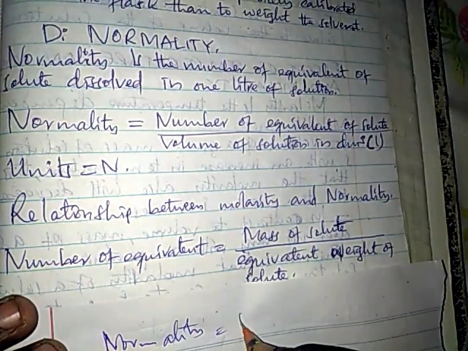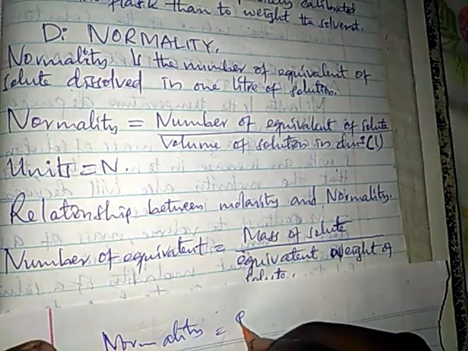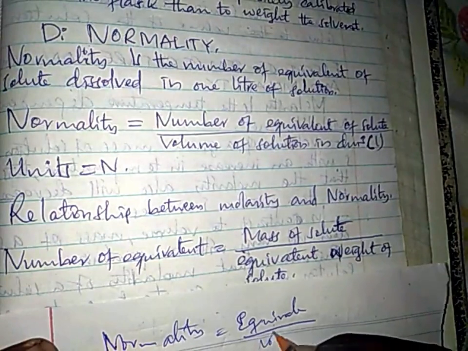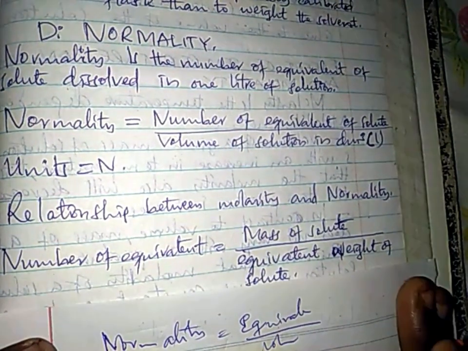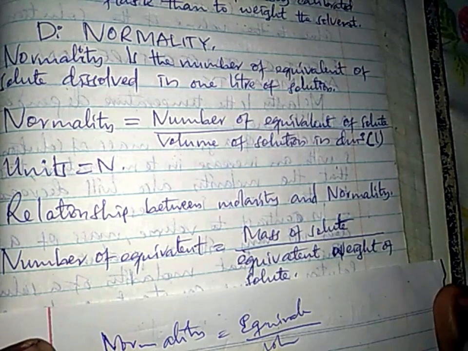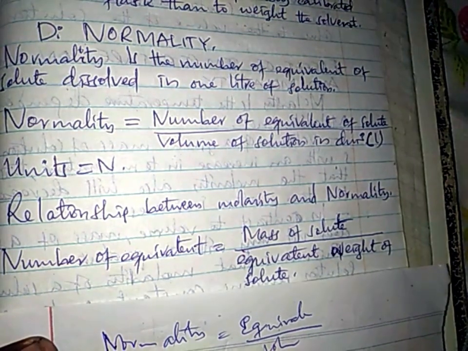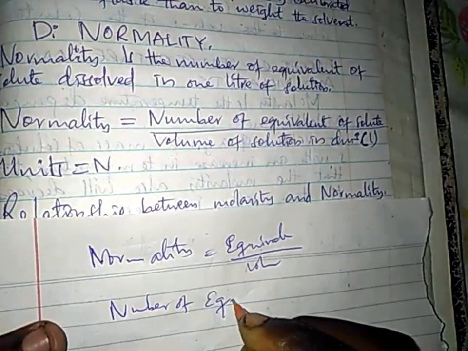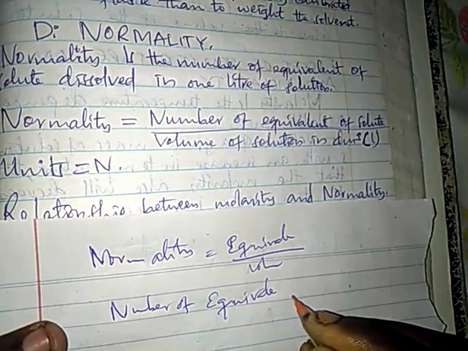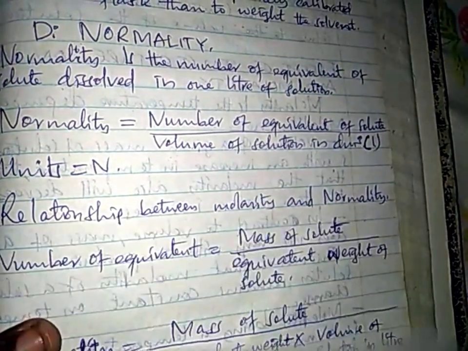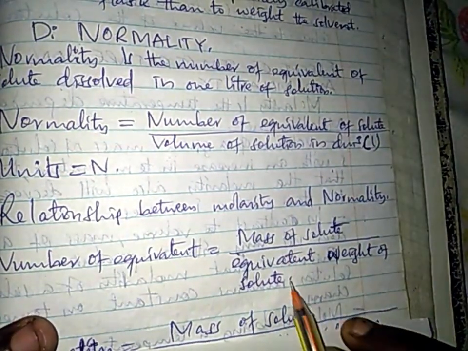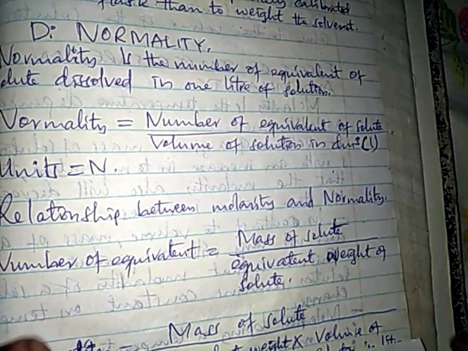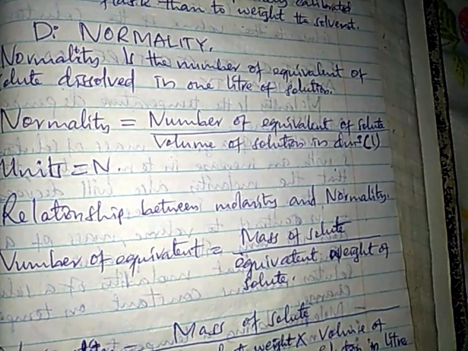So normality is equal to number of equivalents divided by volume. Now we want to see the relationship between the molarity and the normality. The number of equivalents is equal to mass of solid divided by equivalent weight of solid.